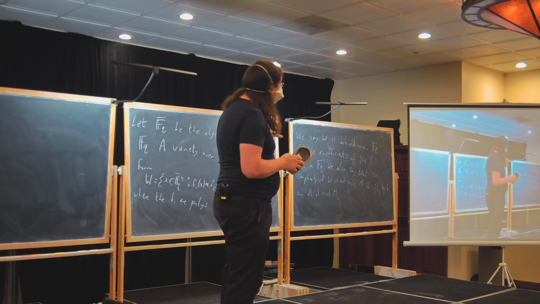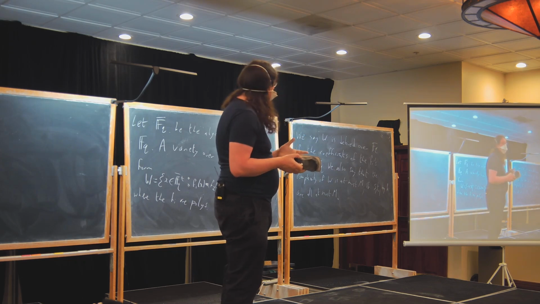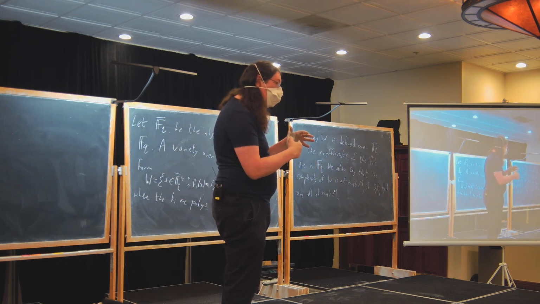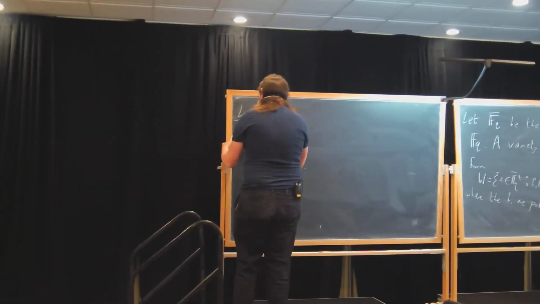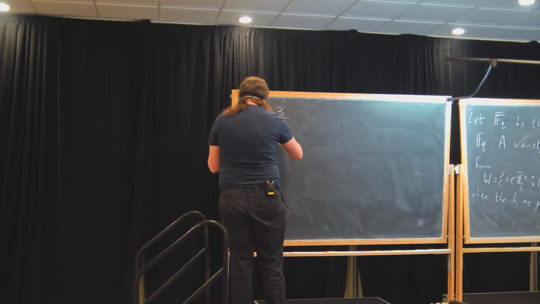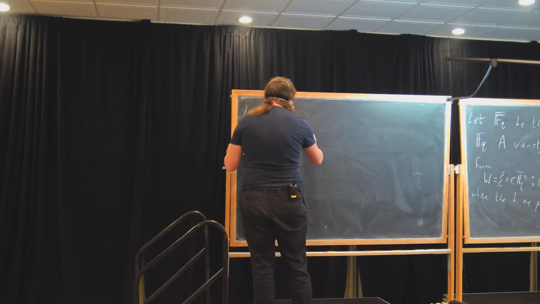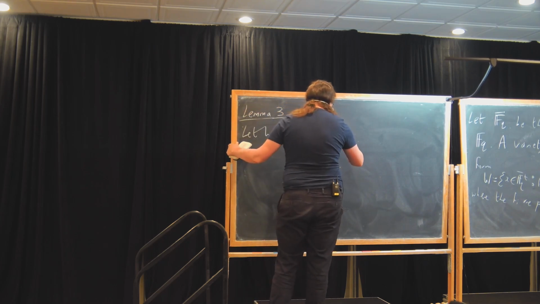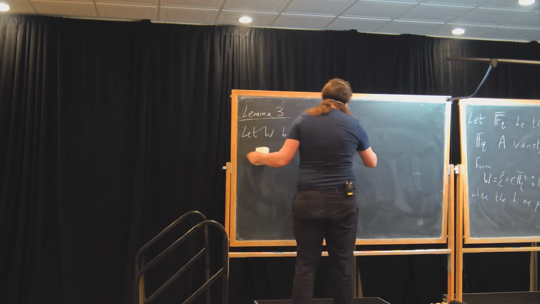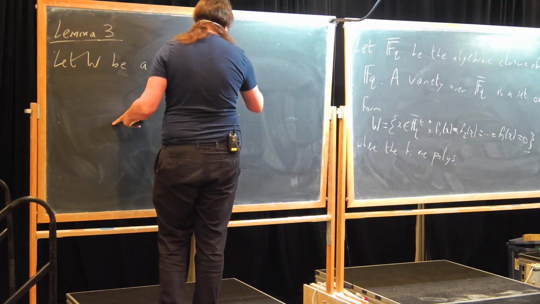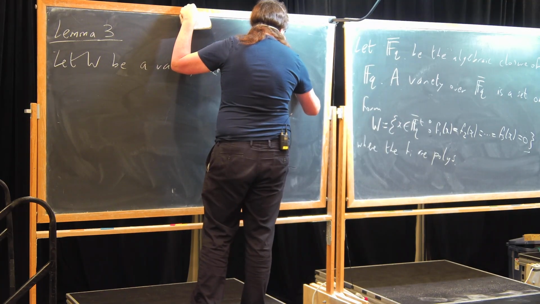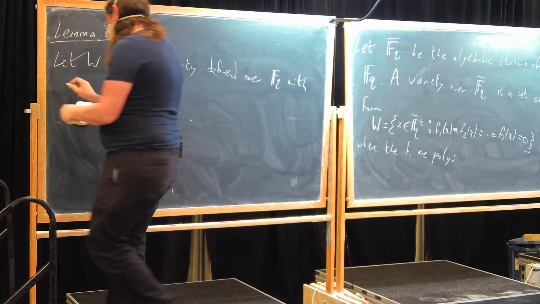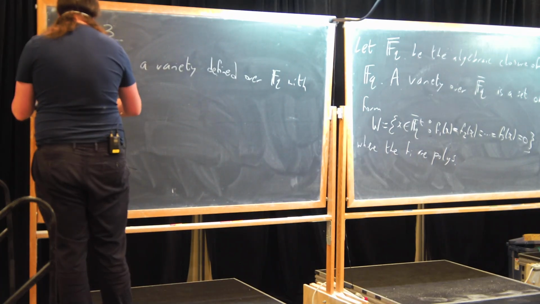One way to measure it is how many points it actually intersects in Fq^t. So let W be a variety satisfying the things over there, defined over Fq with complexity at most m. So both of these things are necessary.